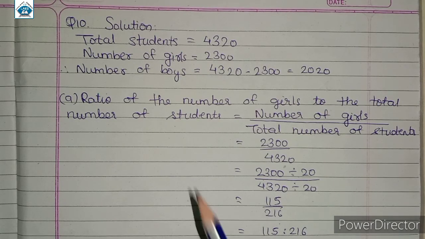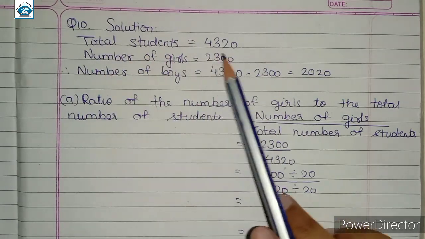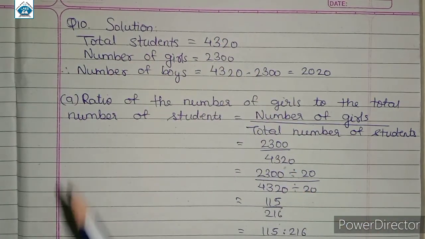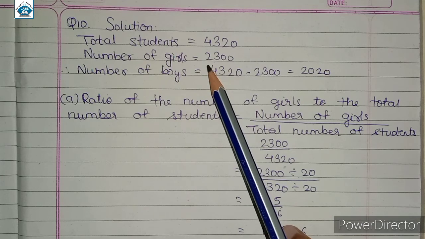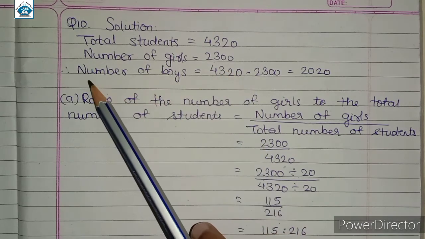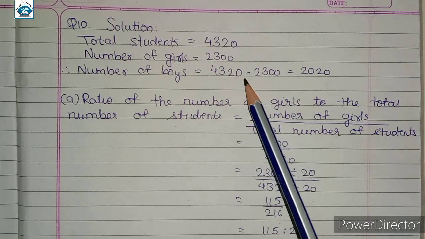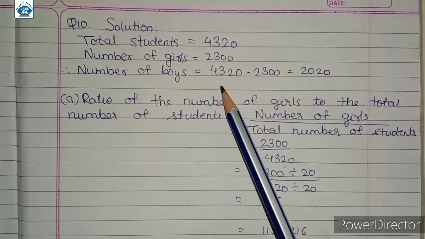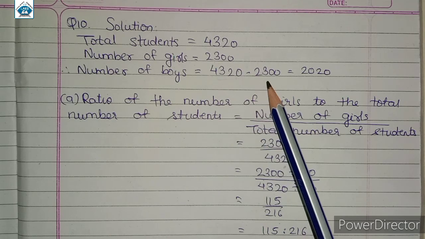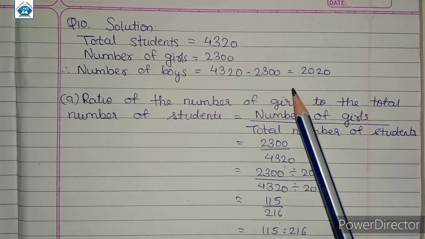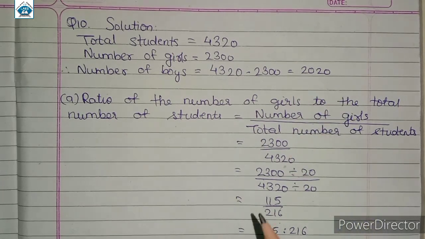In the question we are given total students is equal to 4,320, number of girls is equal to 2,300. So just like I explained, number of boys will be equal to total students minus number of girls, that is 4,320 minus 2,300, which is equal to 2,020.